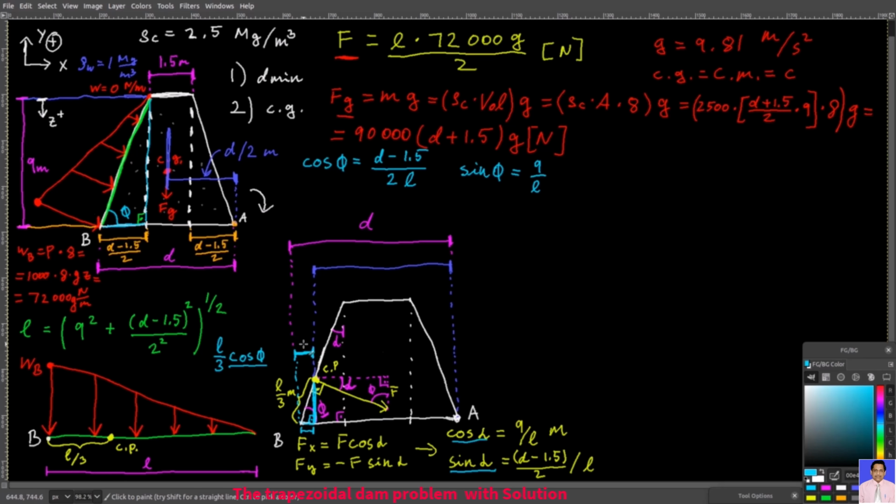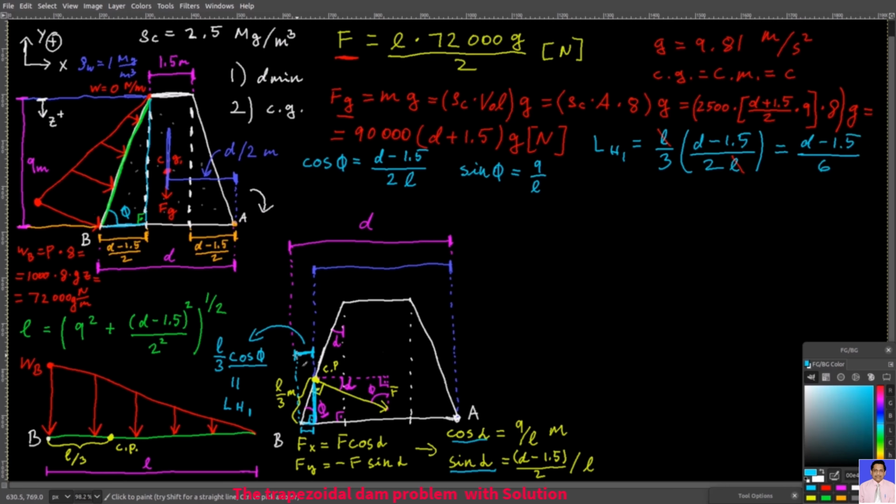And now this horizontal distance, it's this one here. And now you know your cosine phi. So let me call this entire thing L horizontal 1. And so your L horizontal 1 equals L over 3, and instead of cosine phi, I will write this thing here. And as you can see, I can cancel out the L's, and I will have (d minus 1.5) over 6.